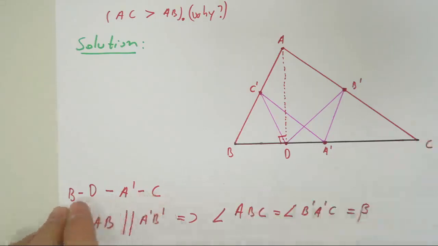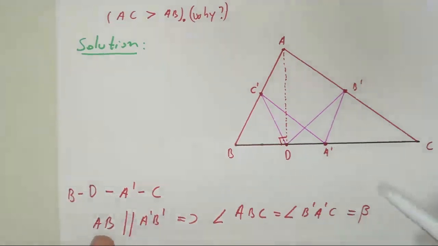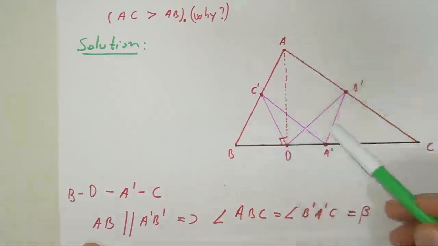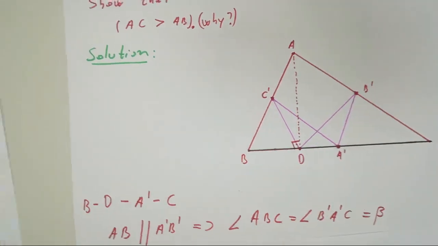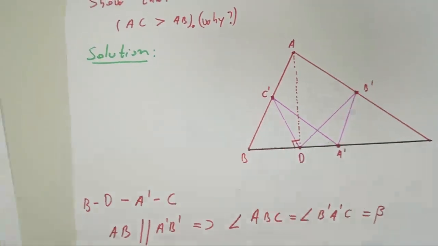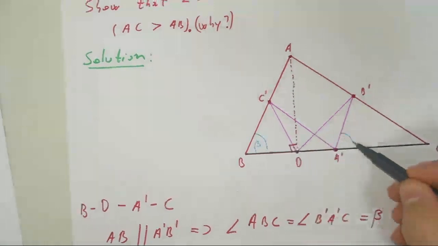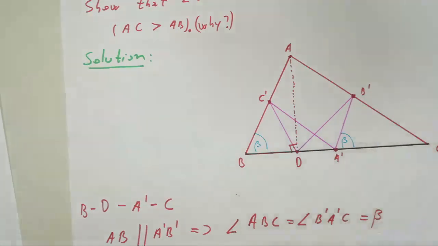We know that it won't be B, A prime, D, C. Also, it's easy to show AB is parallel to A prime B prime, because these two triangles are similar. This angle is equal to this angle. Let's denote that if this angle is beta, this angle also will be beta.